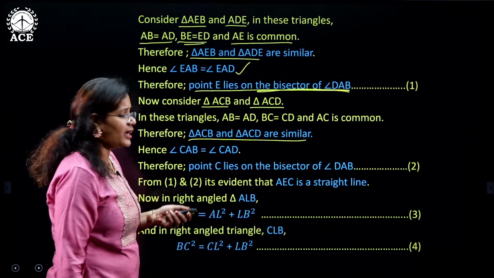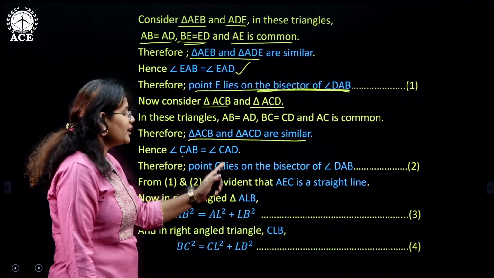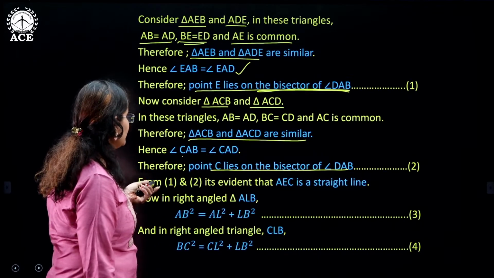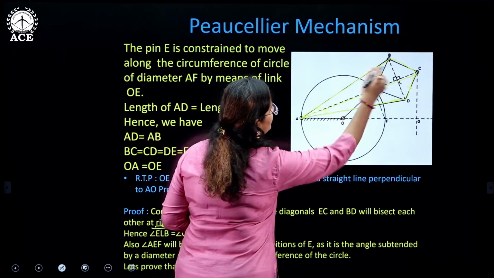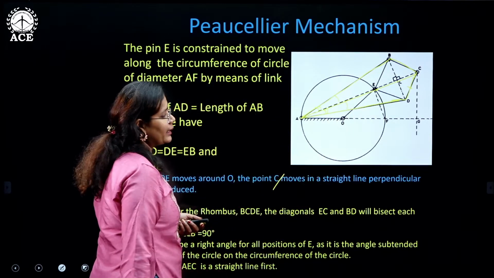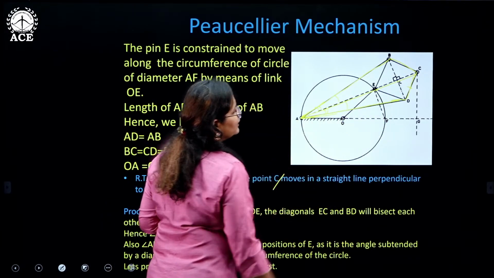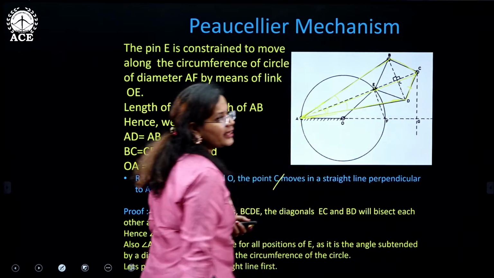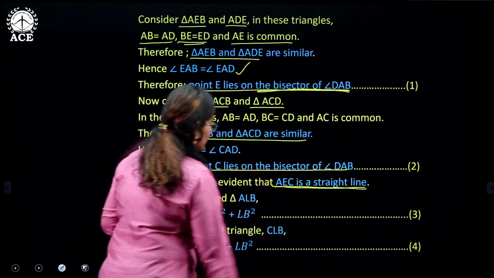When they are similar, they are again bisecting. CAB and CAD are going to be equal. So when they are equal, they are again the bisectors of angle DAB. Hence I can say that AEC is a straight line. From the bigger triangle also, this particular angle is made equal to this particular angle. Again, point C is lying on the bisector of this bigger angle. So hence, I can say that E and C are lying on the same line, a straight line. That is what is proved over here. AEC is a straight line.